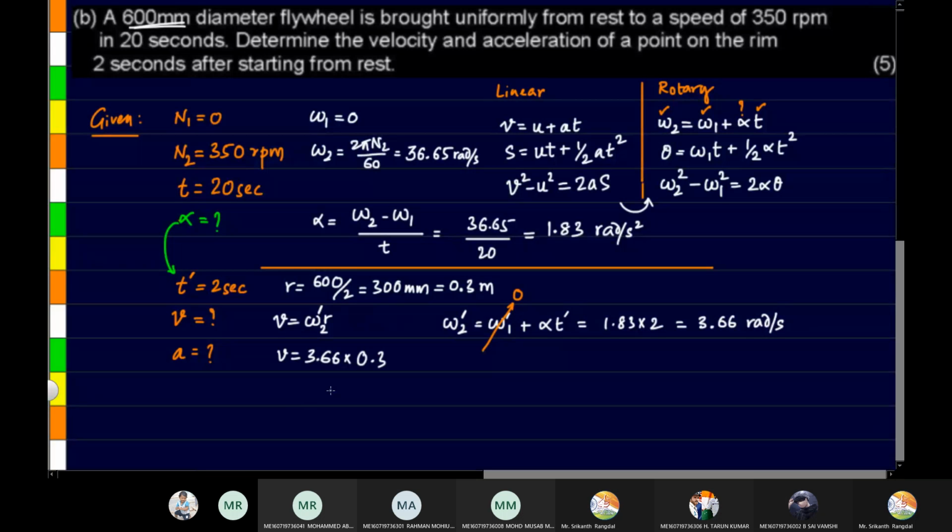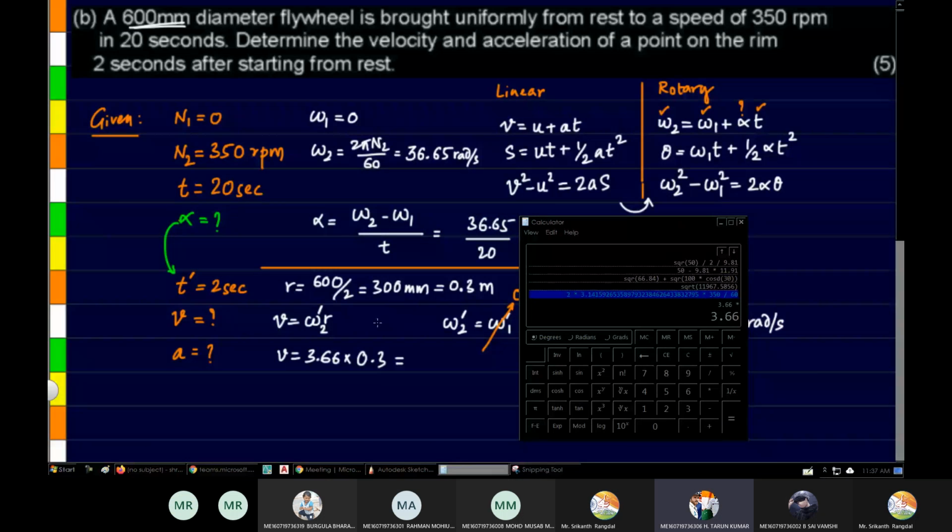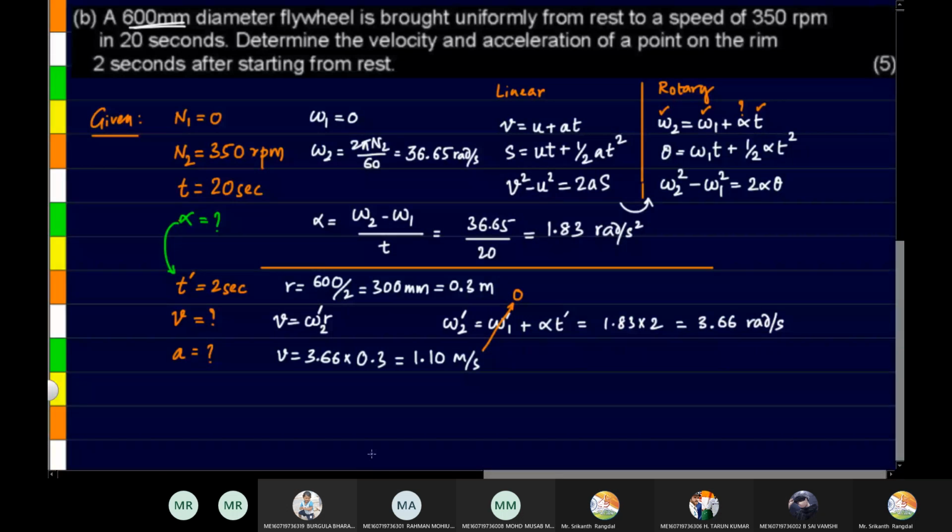Okay, so what is the answer here? 1.098, sir. 1.098, so we can just round it up to 1.10 meters per second. So this is the velocity.